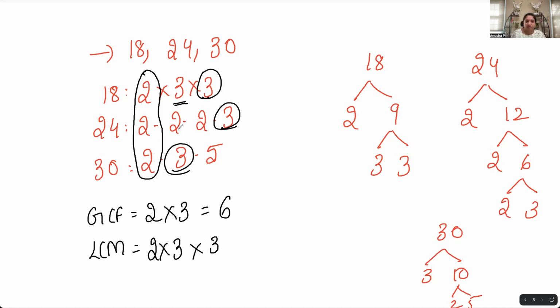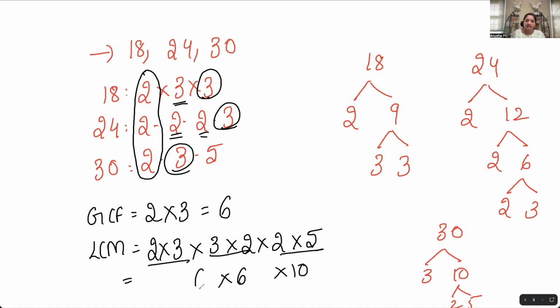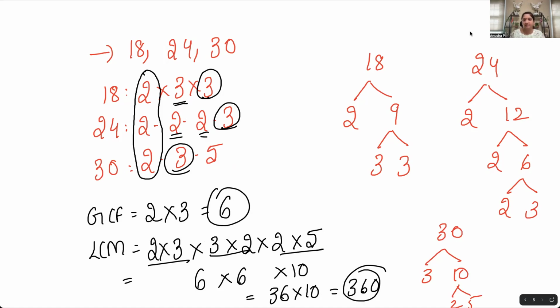What are the remaining numbers? We have 3, 2, 2 and then 5. 2 times 5 is 10, 3 times 2 is 6 and 2 times 3 is 6. 6 times 6 is 36, times 10 is 360. LCM is 360 and GCF is 6.